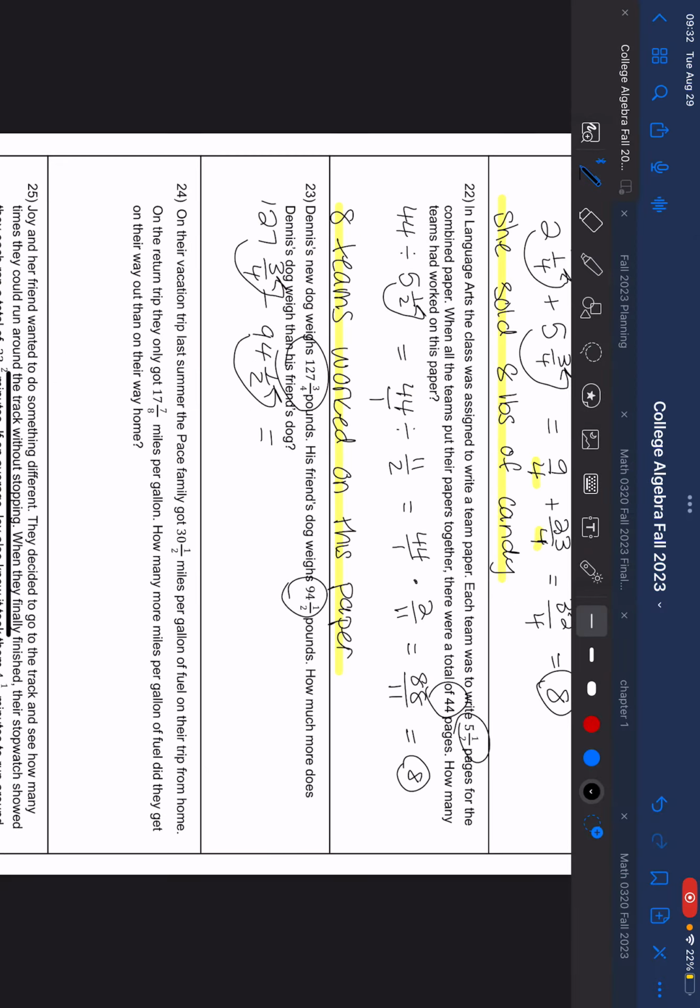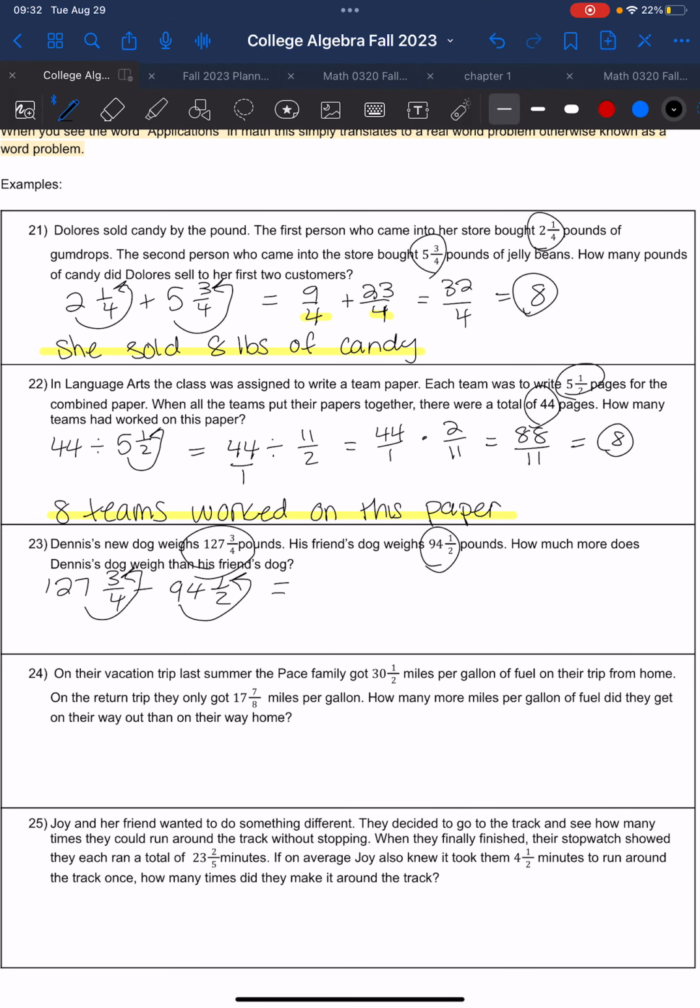So this is 511 over 4 minus, now I'm doing 94 times 2 and adding 1. So that gives me 189 over 2. Notice that my denominators are different. So I have a denominator of 4 and a denominator of 2.